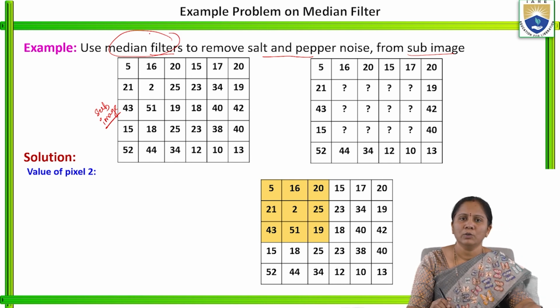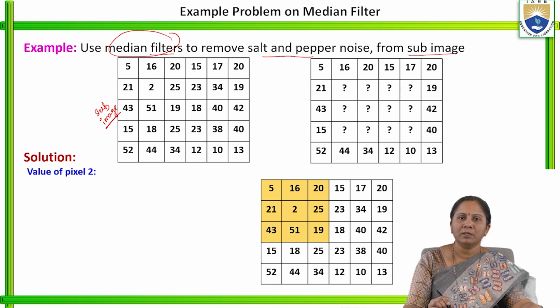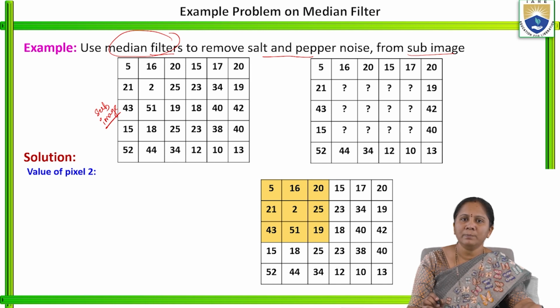According to the concept we have learned, using the median filter means first we write the pixels under the shaded region in ascending order. Among all the pixels, we see which one is the center pixel, and we take that pixel and replace the old one.